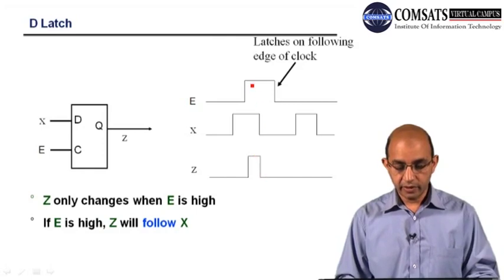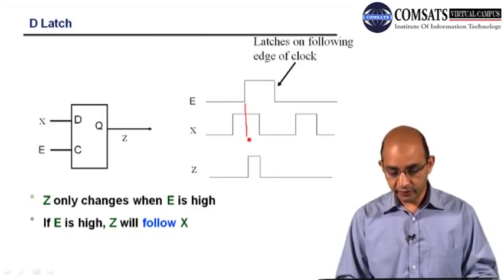So whenever we have E high, Q follows D. So Q follows D on the active enable signal.